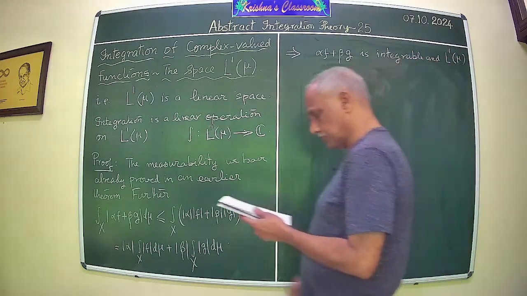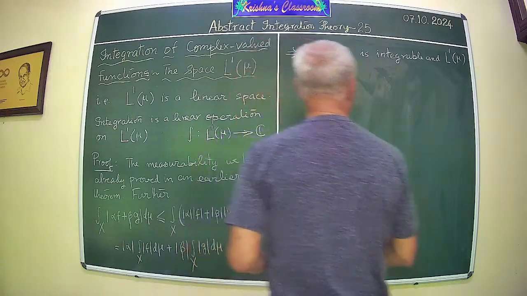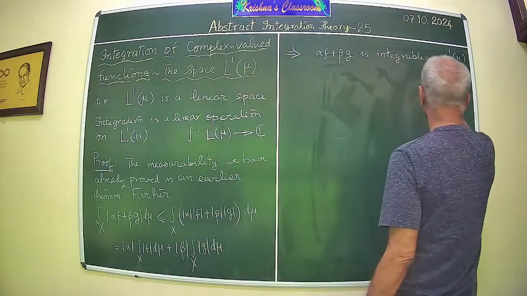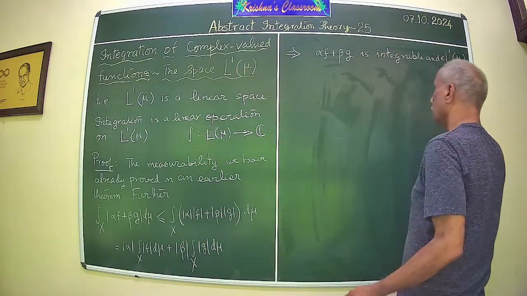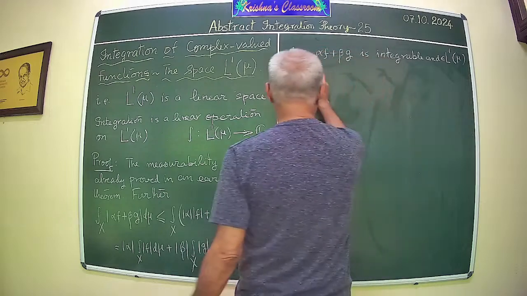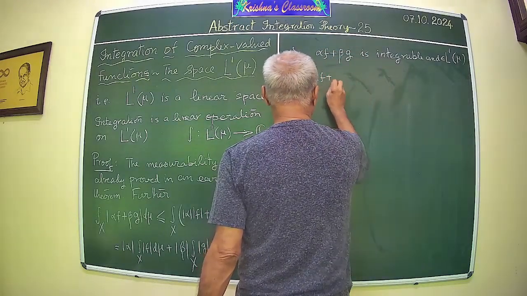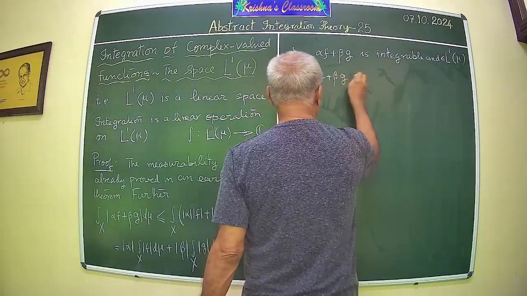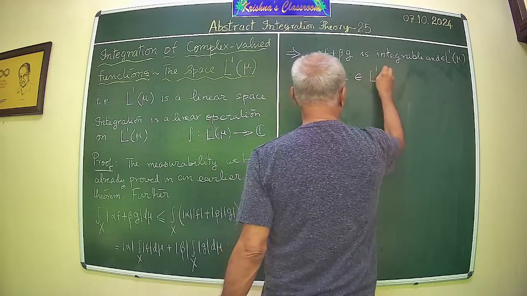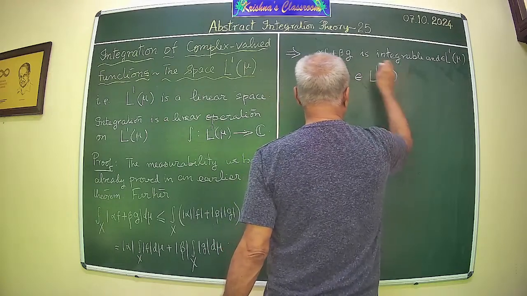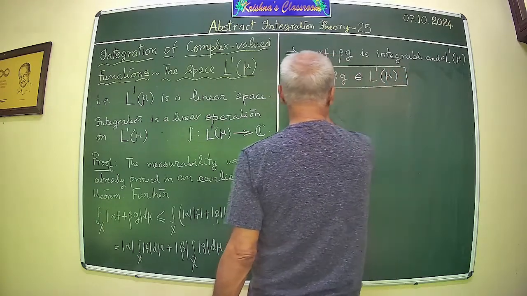And L1. That is alpha f plus beta g, this is what we have.